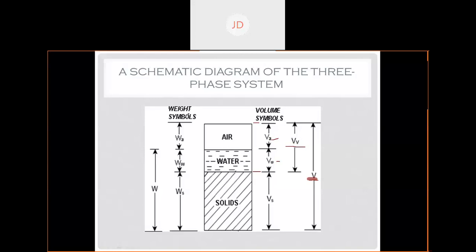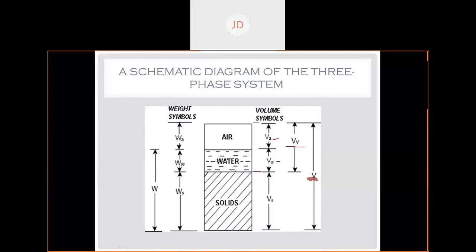Now let's go to the weight representation. We'll start from the solid part. Now see Ws, capital W with suffix s. So Ws represents weight of the solid. Capital W with small w, what does it represent?